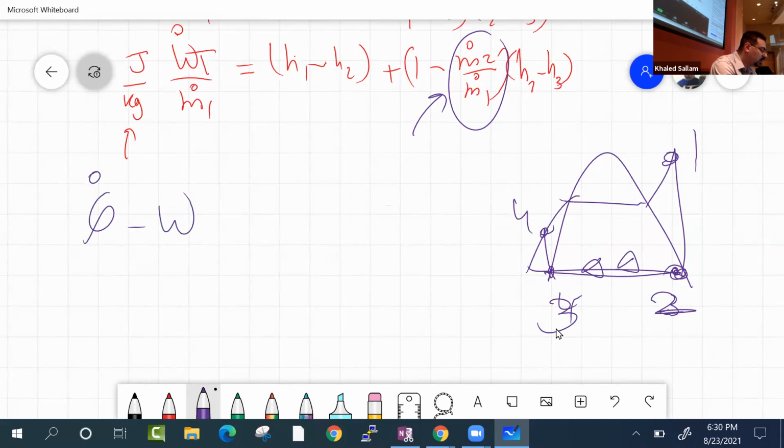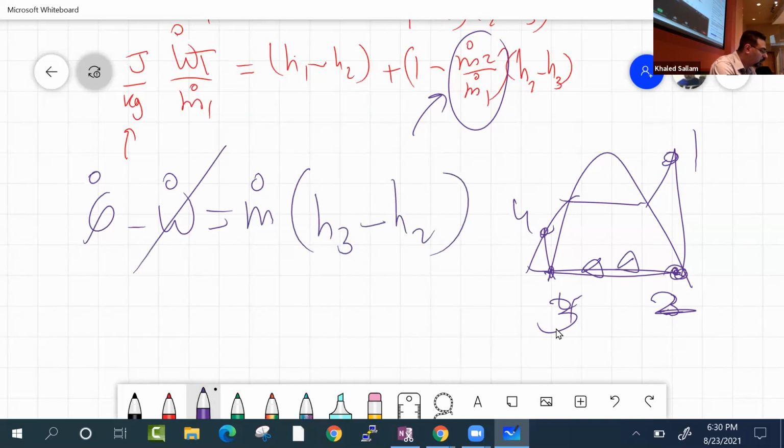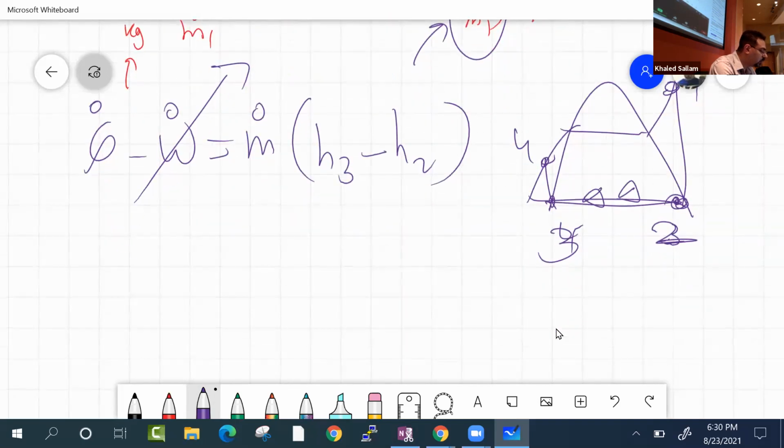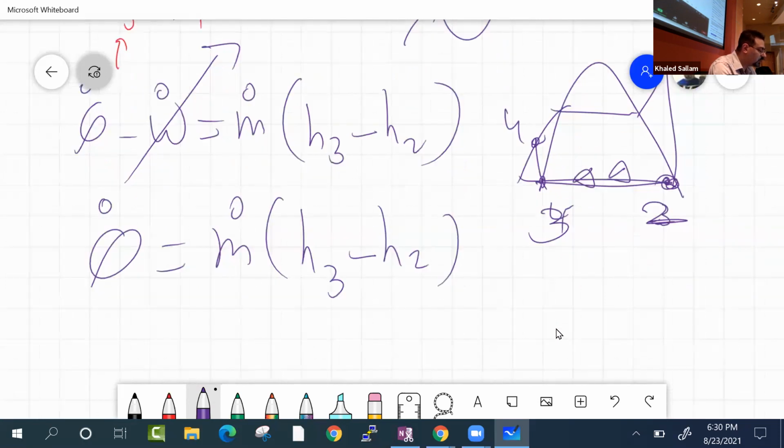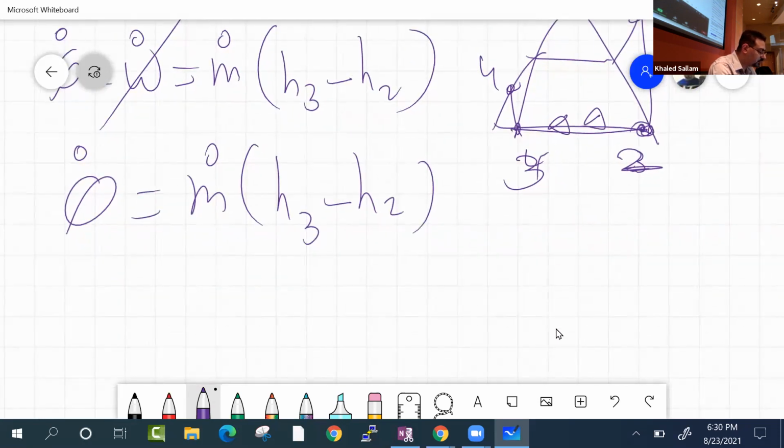Q dot condenser minus W dot equals m dot output minus input, 3 minus 2. You cancel the work because the condenser does not have any work, and Q dot becomes m dot (H3 minus H2). Which one is bigger? 2 is bigger, 3 is small. So this will be negative.